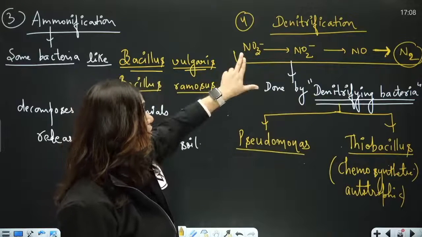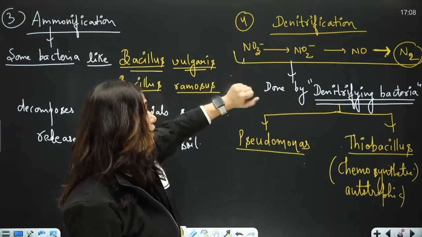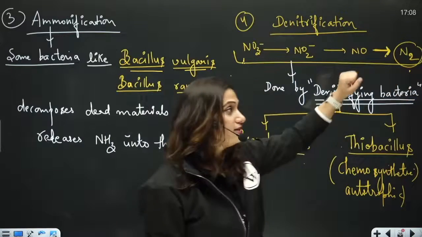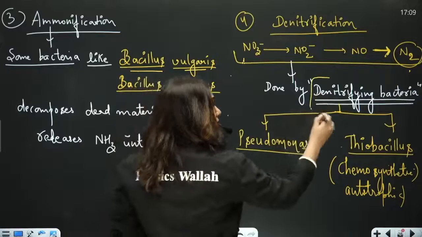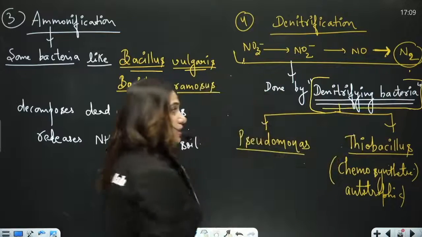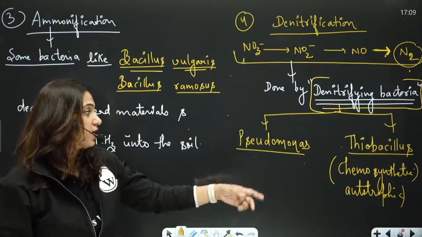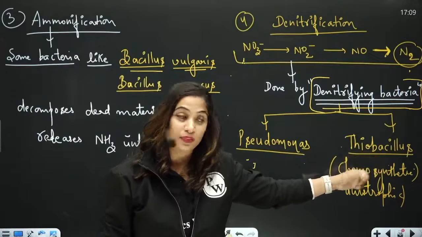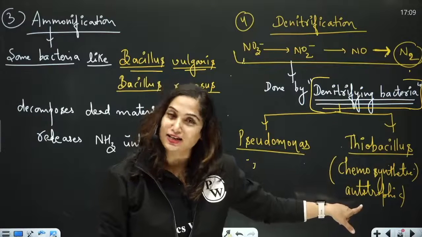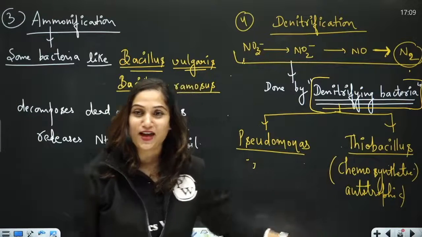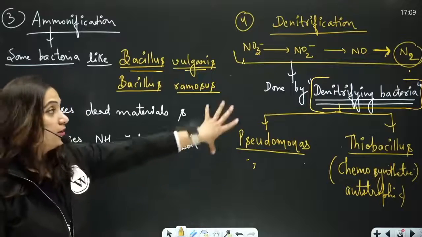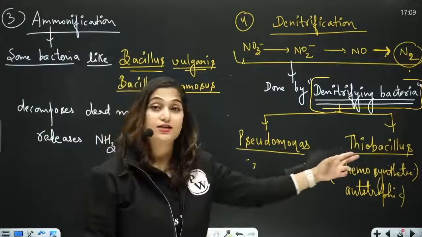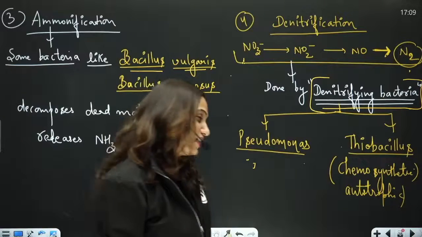Denitrification is conversion of the oxides of nitrogen again to N2, and this is done by denitrifying bacteria. And the two important examples of denitrifying bacteria are Pseudomonas and Thiobacillus. Thiobacillus is again a chemosynthetic bacteria. Okay, so very important. These all are the NCERT examples. You have to learn them along with me. Pseudomonas, Thiobacillus. Okay, let's move further.